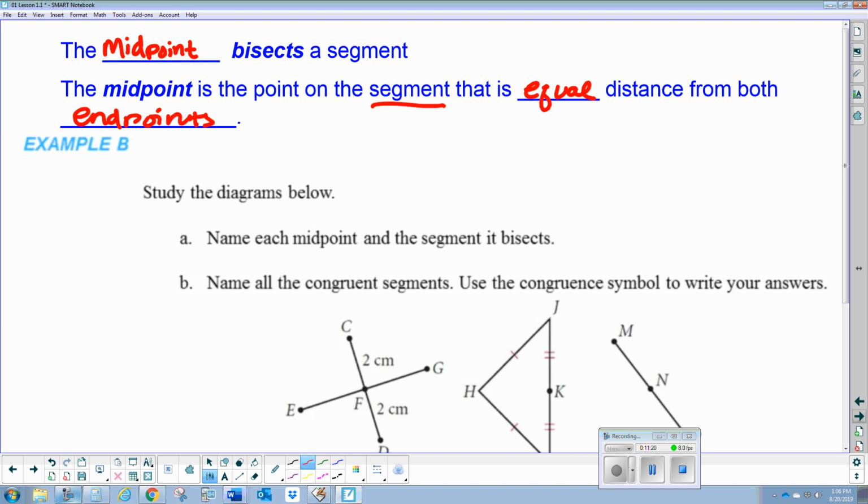So a midpoint has to be on a segment. You cannot have the midpoint of a line because, again, a line does not have endpoints. It goes on forever, so there's no way to cut it exactly in half. By bisect, we mean cut into 2 equal pieces.